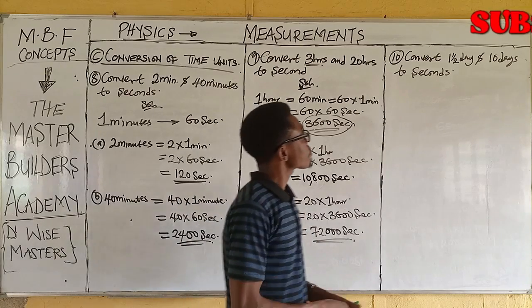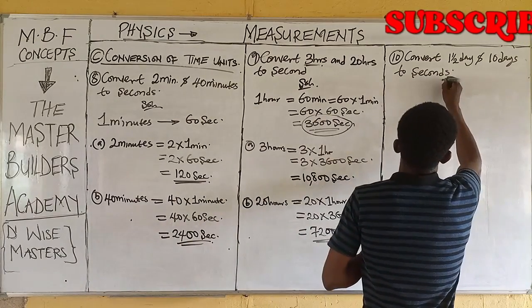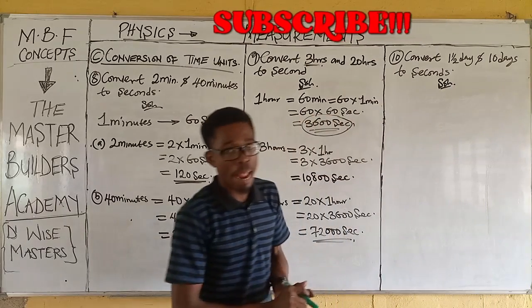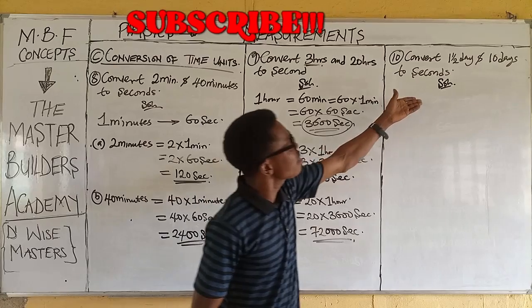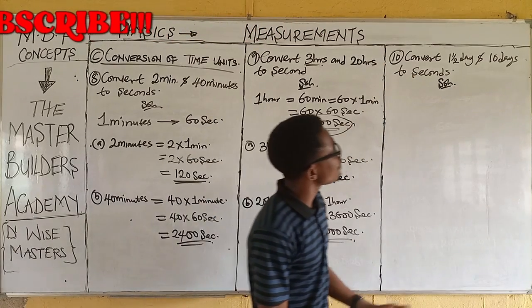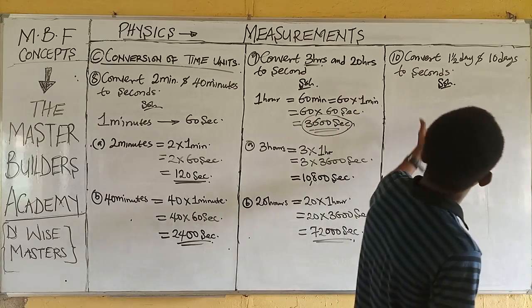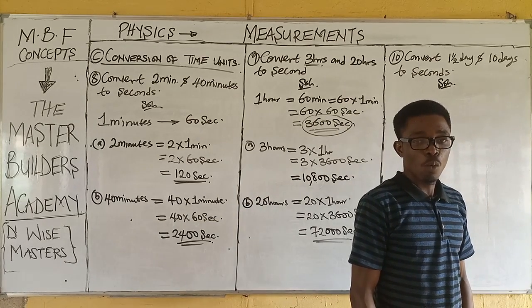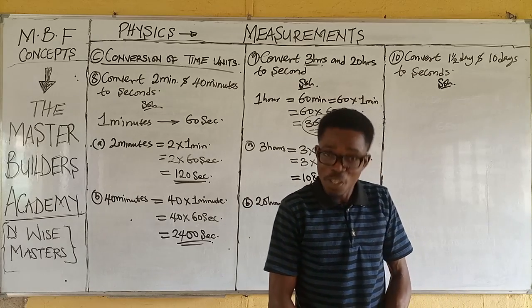Okay, now we have question number 10, still in conversion of what? Time. And now we are given this time in days. First, we are asked to convert 1.5 day to seconds.